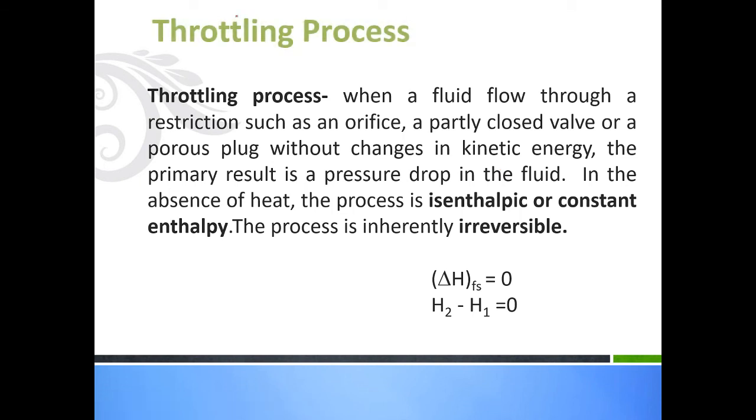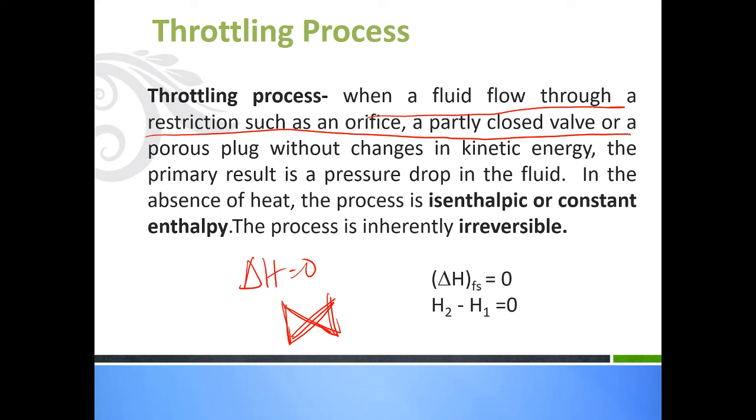Let's move on naman to throttling process. Ang feature ng throttling process, delta H is 0. Ang itsura niyan, device na yan, ganyan. So, ano nangyayari? Fluid flows through a restriction such as an orifice, partly closed valve, or a porous plug without changes in kinetic energy.